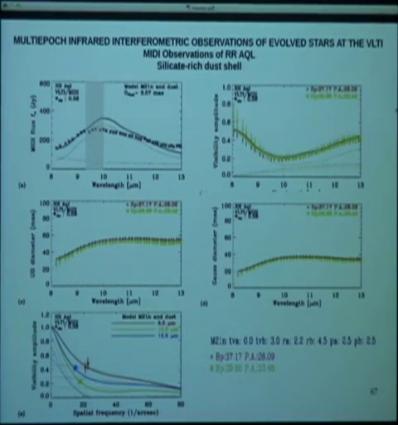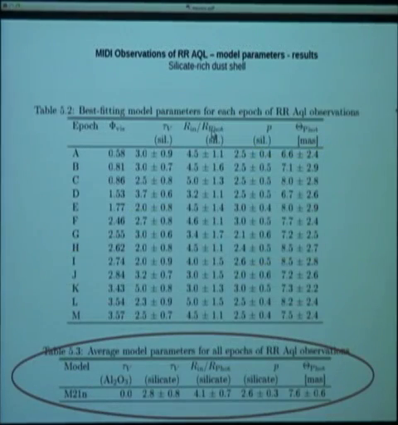Sorry. Since we did not see any visibility variation, we delivered for each of the phases of the star the optical depth, the inner boundary radii, the power index of density distribution, and the photospheric radii of the star, of course the effective temperature as well, and the optical depth at mid-infrared wavelength, because those optical depths are at 0.55 microns.